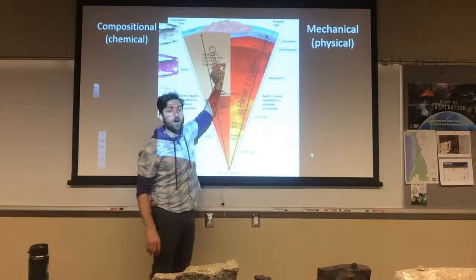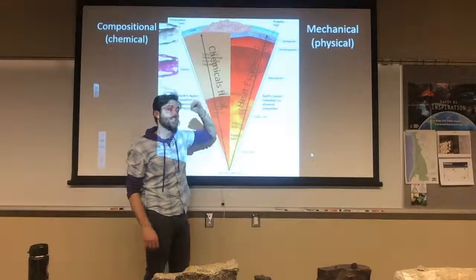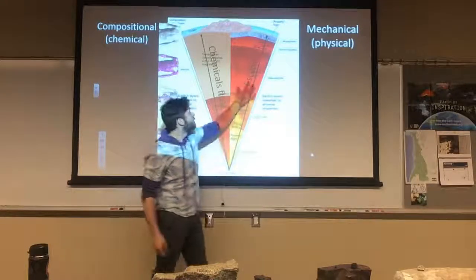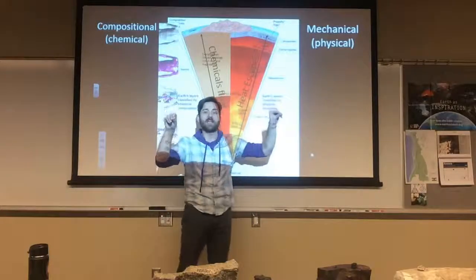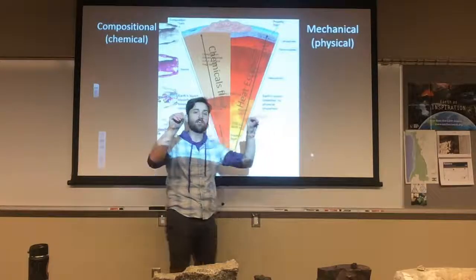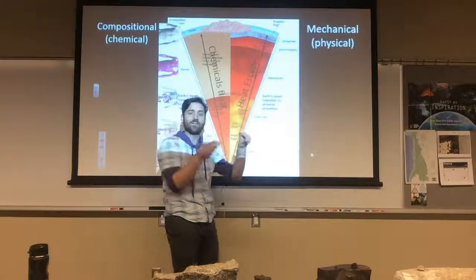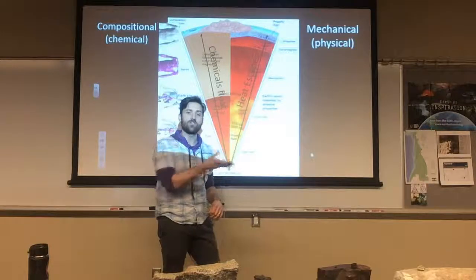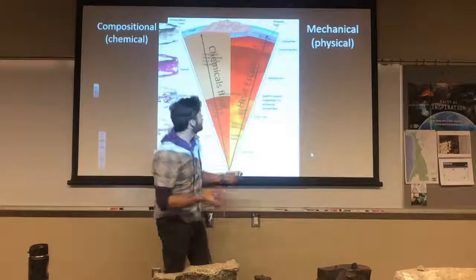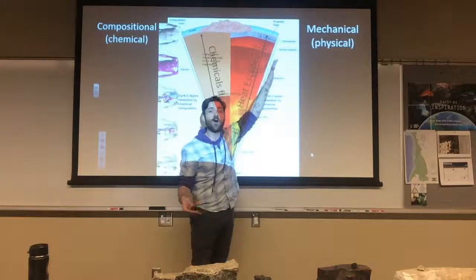Okay? Early on, when the Earth had very little crust, this was able to go right out, right? There's no insulator there, there's no hot pad. If you get something hot out of the oven, right? You use a hot pad. Early on in Earth, where there was no crust, there was no hot pad.